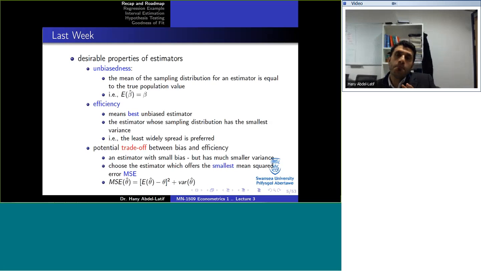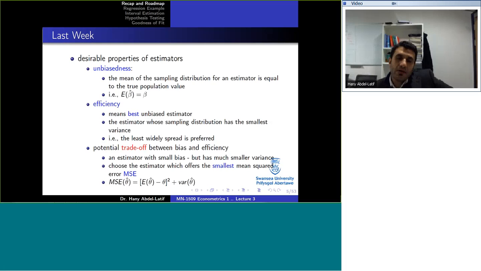And out of these two properties, when adding the linearity assumption about the parameters, we're looking to have a BLUE estimator, which stands for best linear unbiased estimator. So best means the efficient one, the one with the smallest variance. Linear, we explained what linear means. And unbiased, we explained as well what unbiased means. So that's called BLUE, or best linear unbiased estimator.